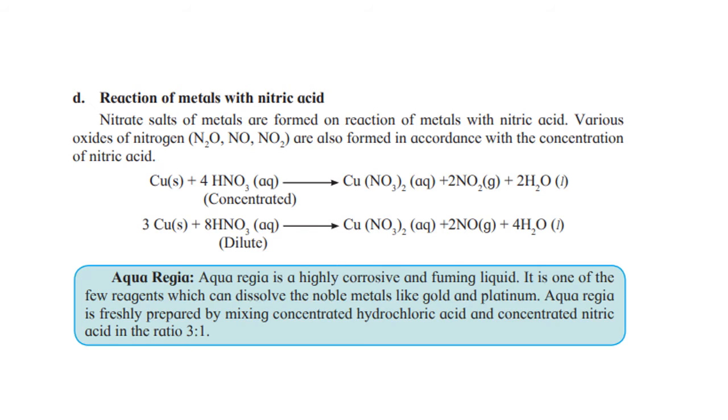But in case of nitric acid, instead of hydrogen gas, either nitrogen oxide or nitrogen dioxide is formed. In the first equation, copper plus concentrated nitric acid forms copper nitrate plus nitrogen dioxide and water. Similarly, copper plus dilute nitric acid forms copper nitrate, nitrogen oxide plus water.